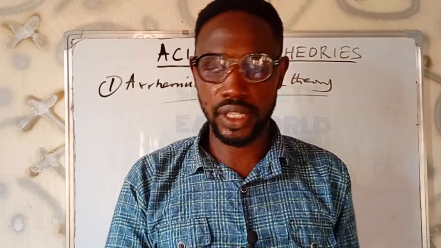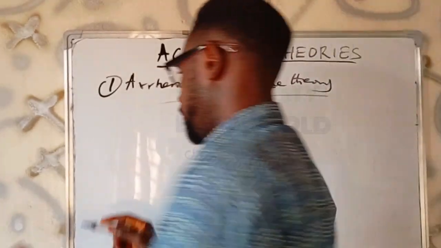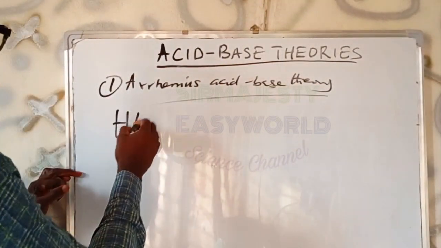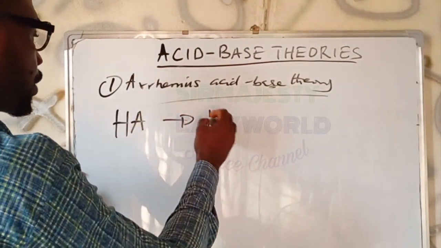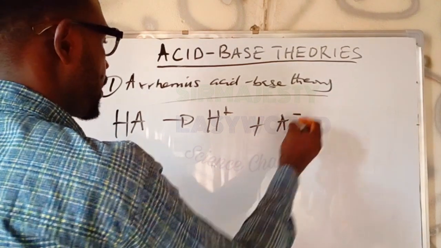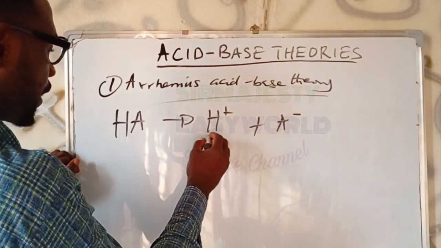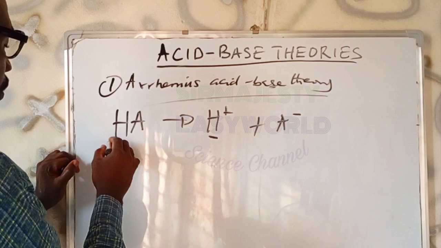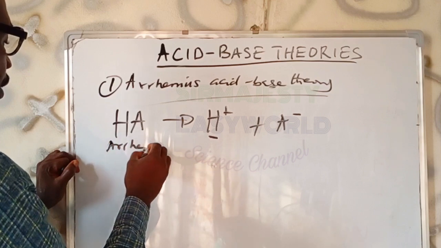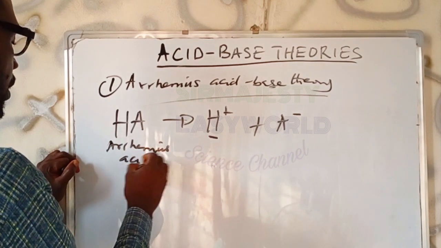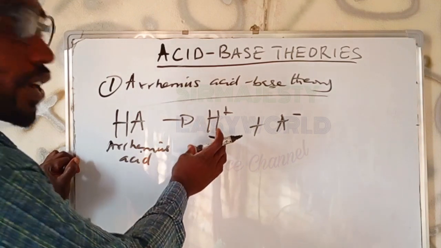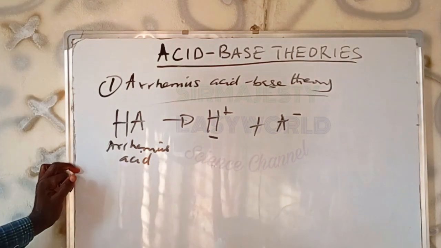So, according to this man, if you have HX or HA giving you H plus and A minus, H plus is the only positive ion, and this automatically justifies an Arrhenius acid. The reason is that this is the only positive ion and there is no other positive ion.